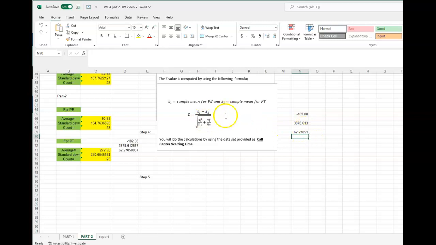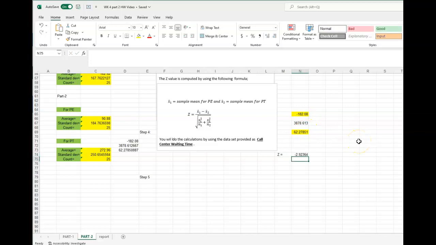So now this is the numerator. Let me highlight the numerator, and this is the denominator. So now you get the ratio. So your Z is equal to the numerator divided by the denominator.